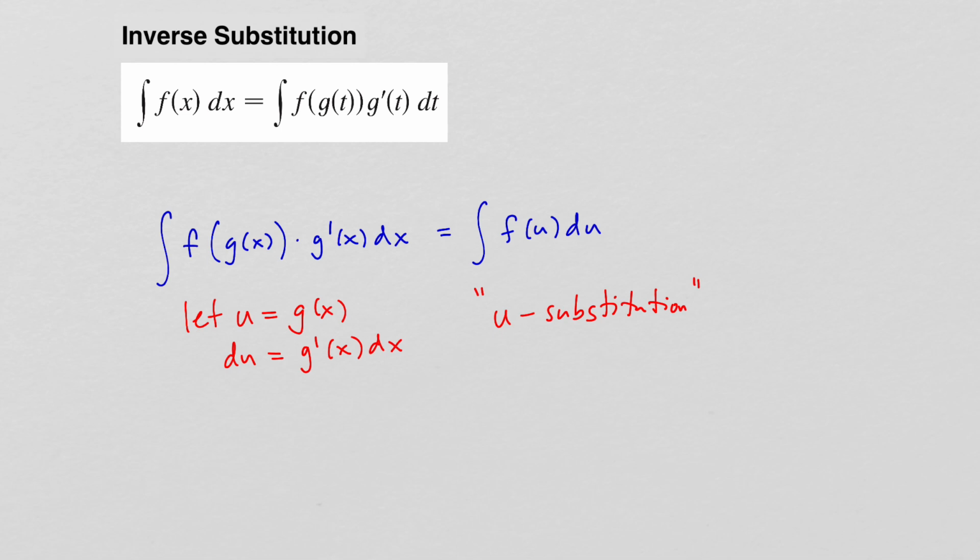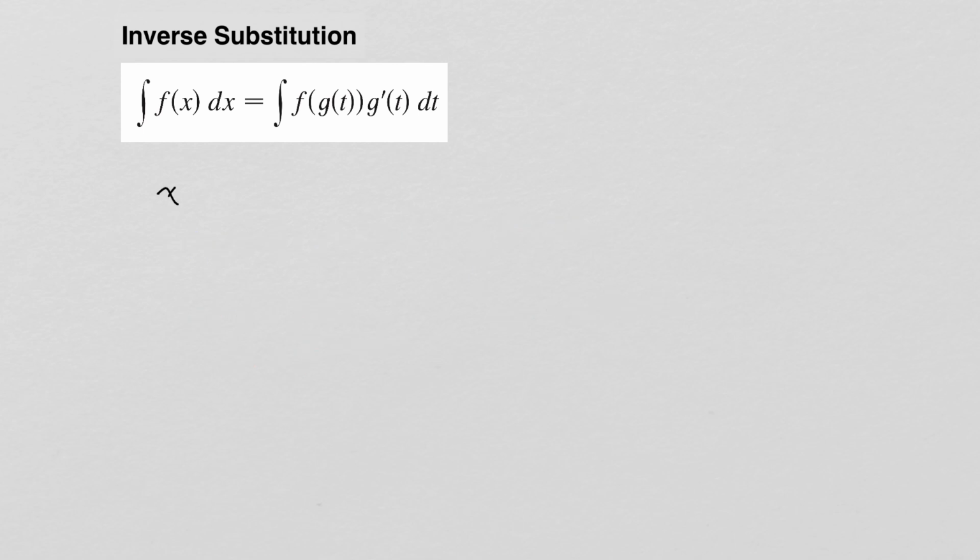But this type of substitution doesn't always work. Sometimes we'll actually want to do the opposite type of substitution, and that's what you see up above here. Suppose you have the integral of some function f of x dx. You can turn that into a composition type of function by making the substitution x equals g of t.